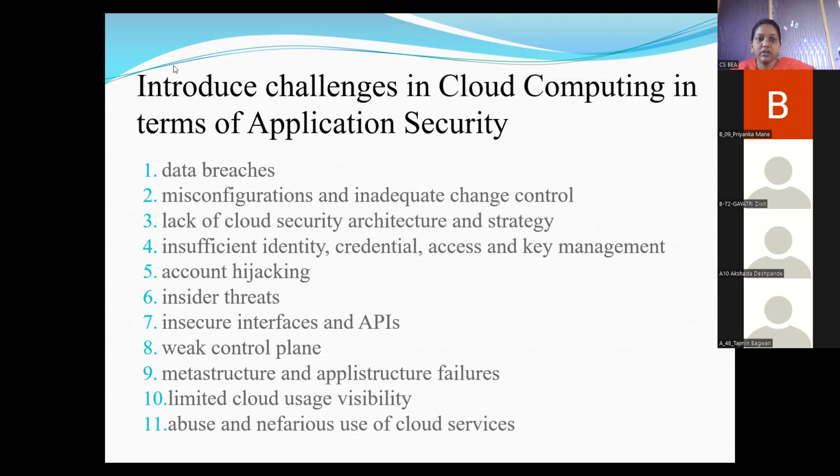But everything comes with one major challenge, that is nothing but security. Many organizations can't delineate where the service providers, that is the CSP, cloud service providers, responsibilities end and their own responsibilities begin, opening them to numerous vulnerabilities.